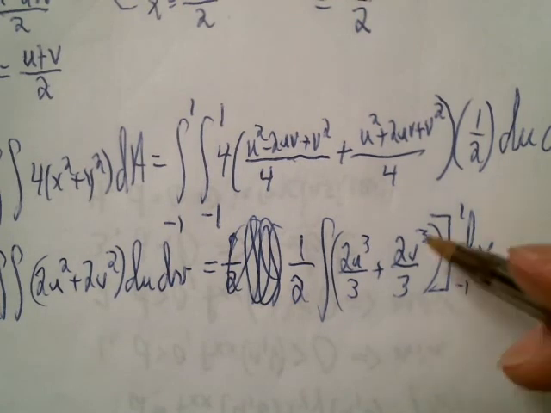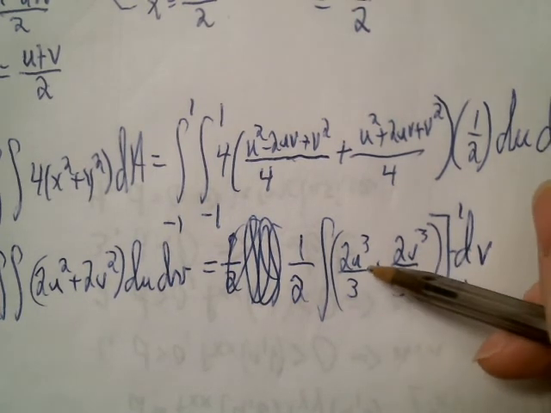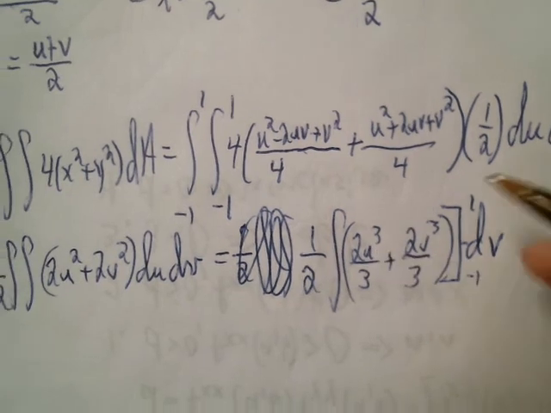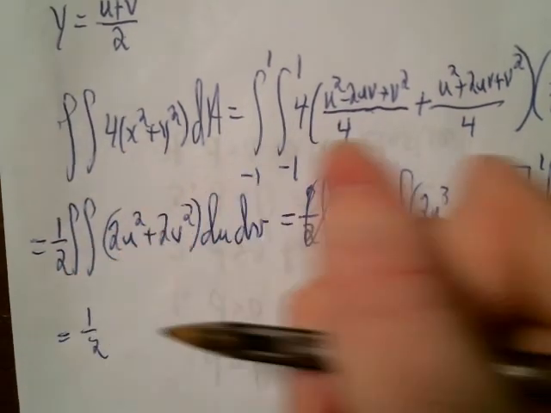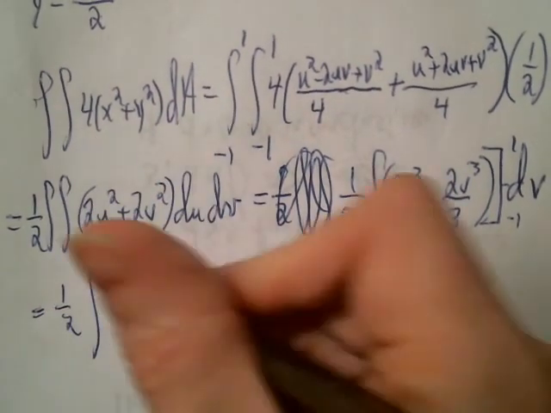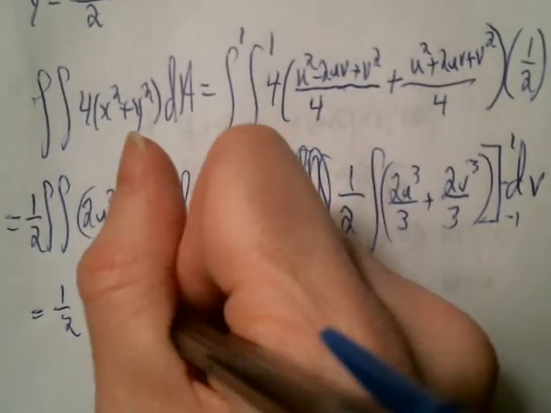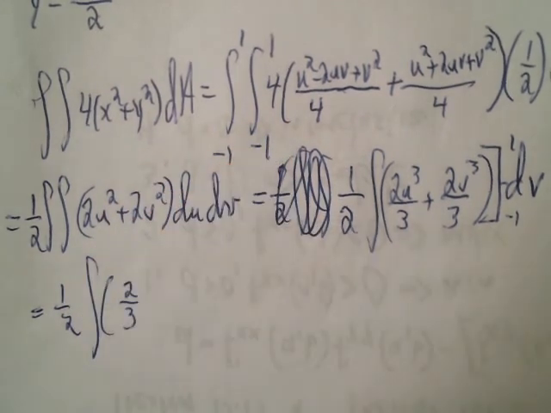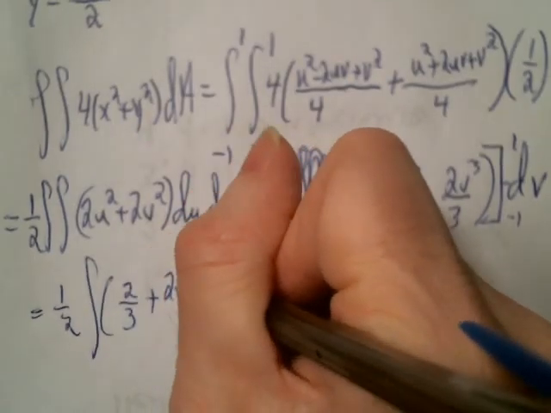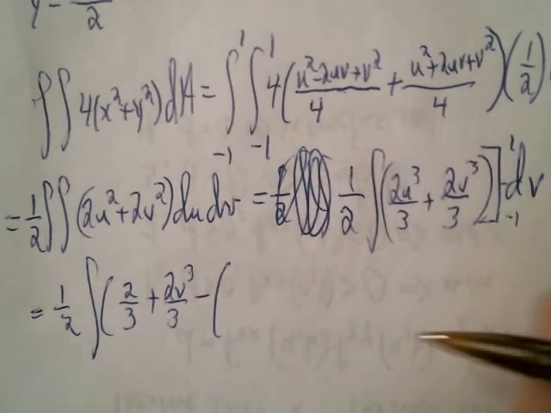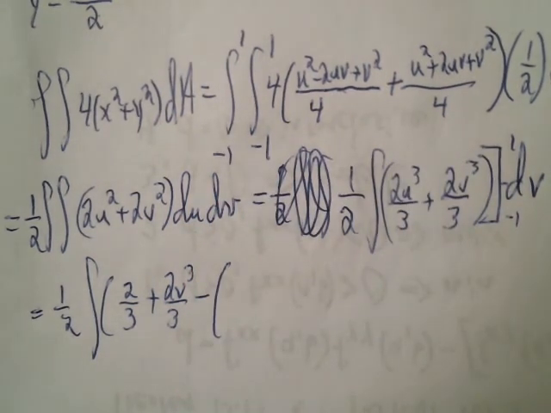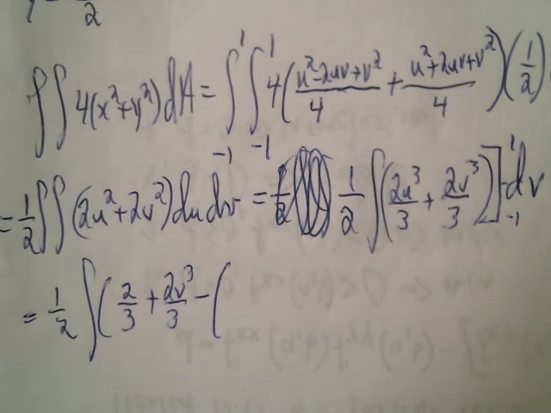Okay. When I plug in 1, let's go ahead and do it. I don't want to skip steps and screw up. I plug in 1, I'll get 2/3 for u, plus 2v cubed over 3, minus, plug in -1 now.